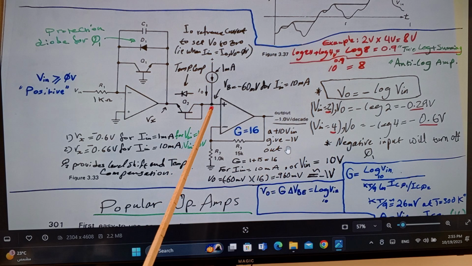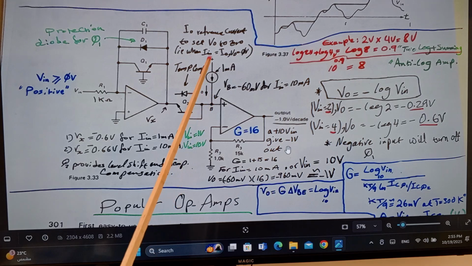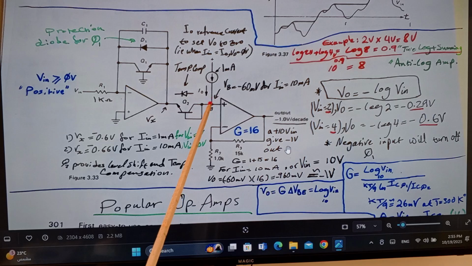A resistor in here or a current source, doesn't really matter. You can move this point up and down based on whatever voltage you got in here. So let's say we increase the input by 10 volts. That means this point went down by about 0.6.